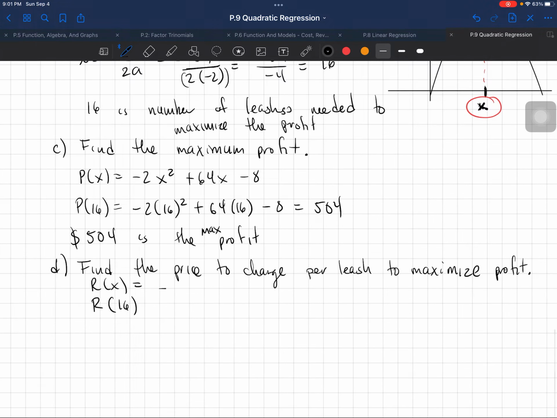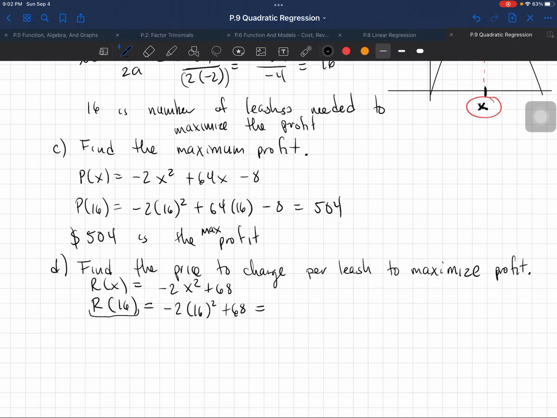Revenue is -2x squared plus 68x. So what we're going to do here is find out how much money we obtain for selling the 16 units. This will tell you how much money you got. So it'll be -2 times 16 squared plus 68 times 16.